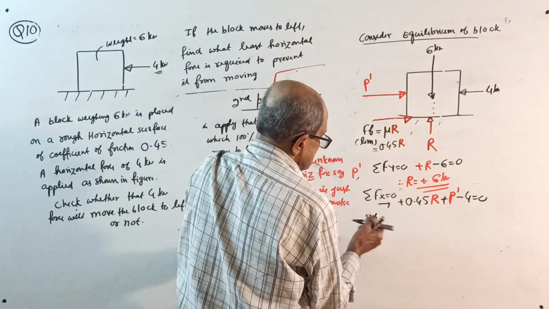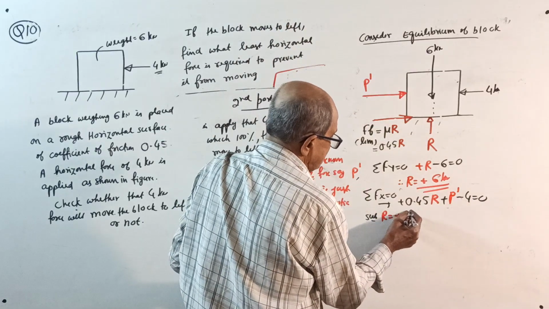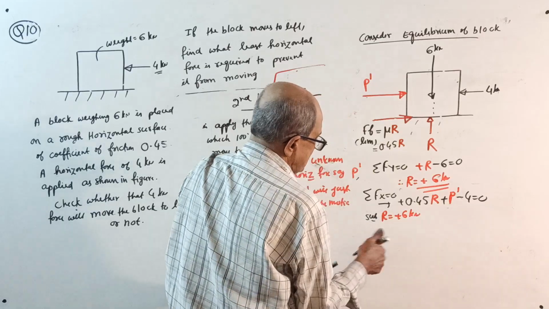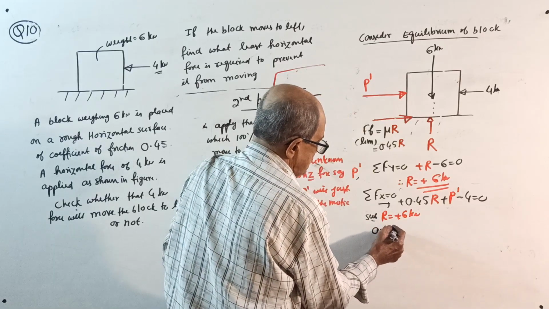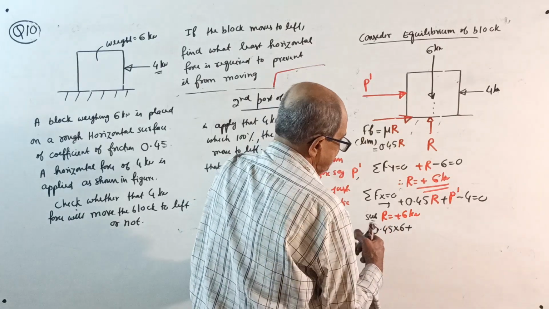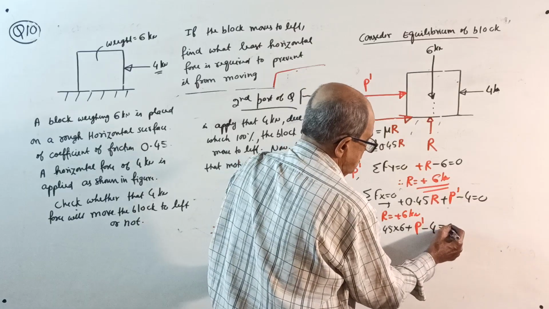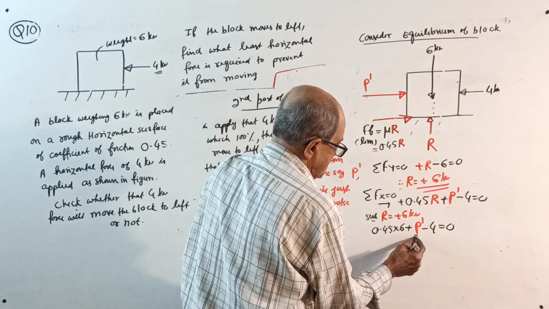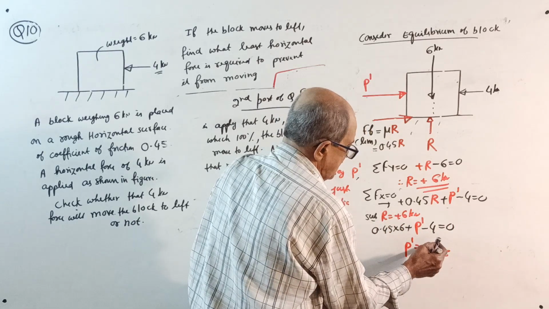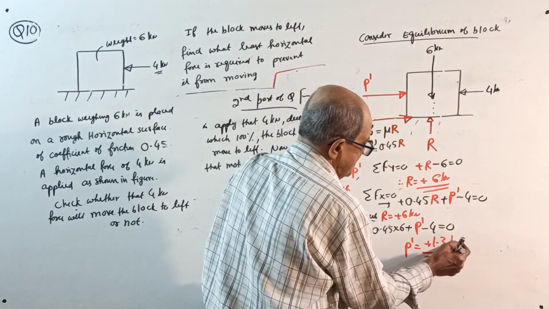Substitute R equal to plus 6 kilonewton. You get 0.45 into 6 plus P dash minus 4 equal to 0. Your P dash will come surely plus 1.3 kilonewton.